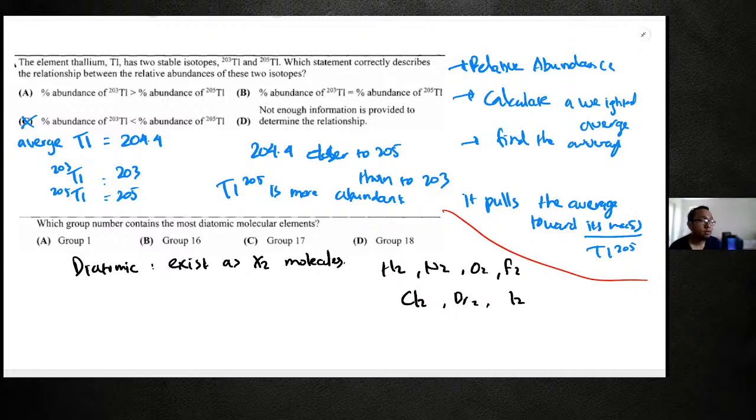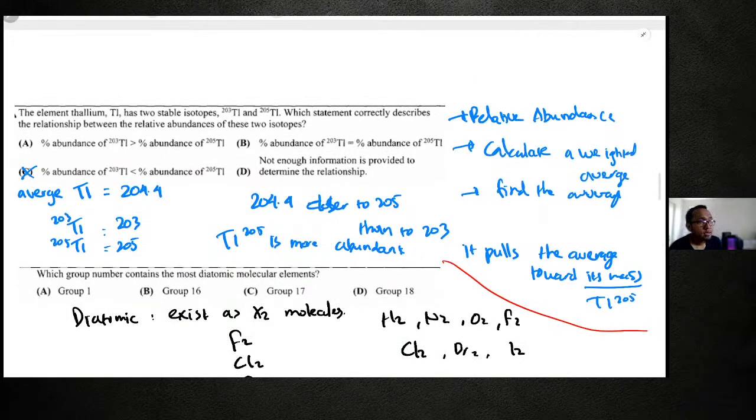If you take a look at the periodic table, the halogen group has F2, Cl2, Br2, and I2. So which group number contains the most diatomic molecular elements?